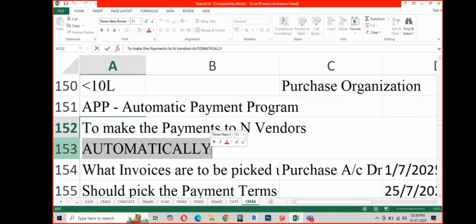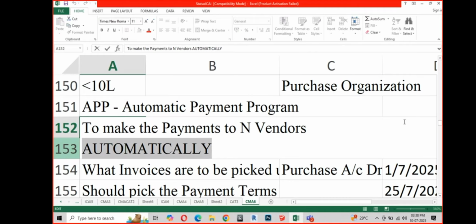So to reduce the manual intervention, you have automated the whole SAP system to take care of this particular requirement. What is the requirement? Making or releasing payments to hundreds and hundreds of vendors automatically.